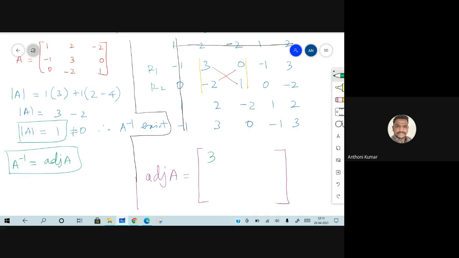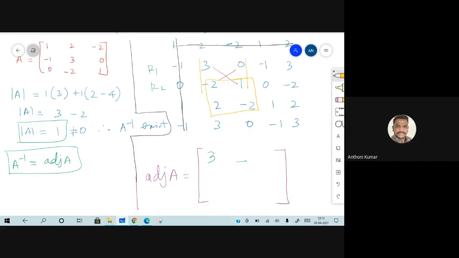And then the next element, you have to take the determinant of these two. Taking a determinant column wise, I'm writing the adjoint row wise. I repeat, taking a 2 by 2 determinant column wise, and writing the adjoint of the required matrix row wise.